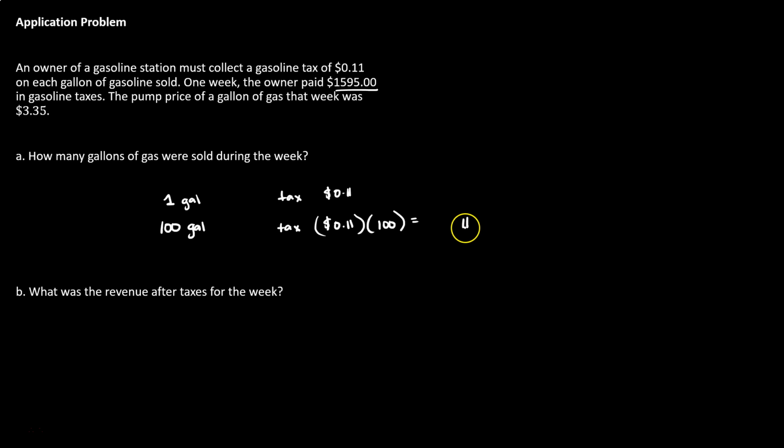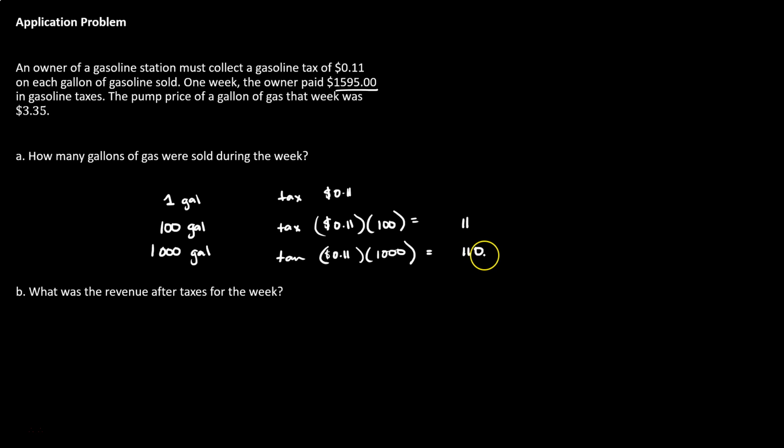So that would be an $11 tax bill. So maybe they did like 1,000 gallons. If they did 1,000 gallons, then we would have 0.11 times 1,000. That would turn into $110.